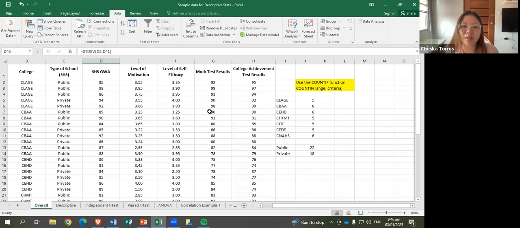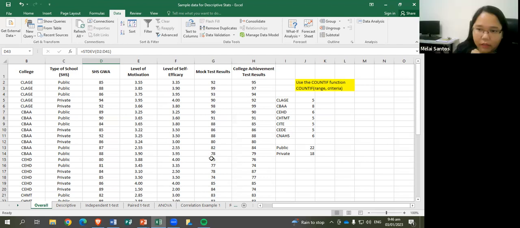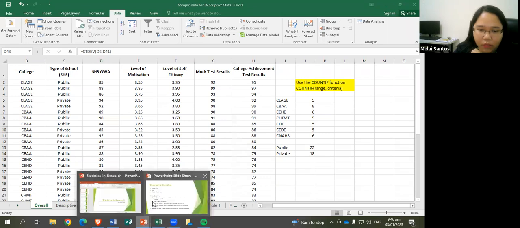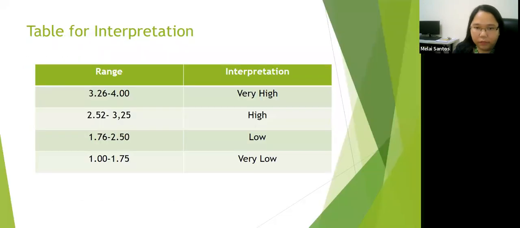Ma'am, as for the level of motivation, the average is 3.35 and the STDEV or standard deviation is 0.50. The same with everyone? Okay, same. Cheska, let's look at the interpretation. This will be the table of interpretation. If that's the case, what is the level of motivation of your students?